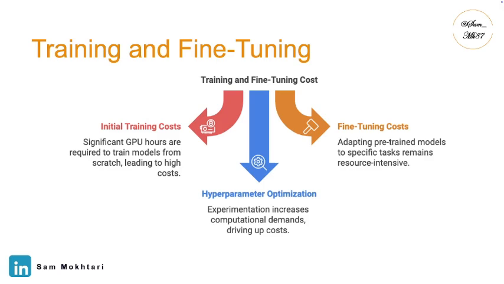Another option for organizations is fine-tuning a pre-trained model, which is a cost-effective alternative, but it still requires considerable computational resources to adapt the model to specific needs. Hyperparameter optimization, where you adjust settings to improve model performance, can also further increase cost. These usually involve running multiple experiments to find the best configuration, adding to the computational overhead.